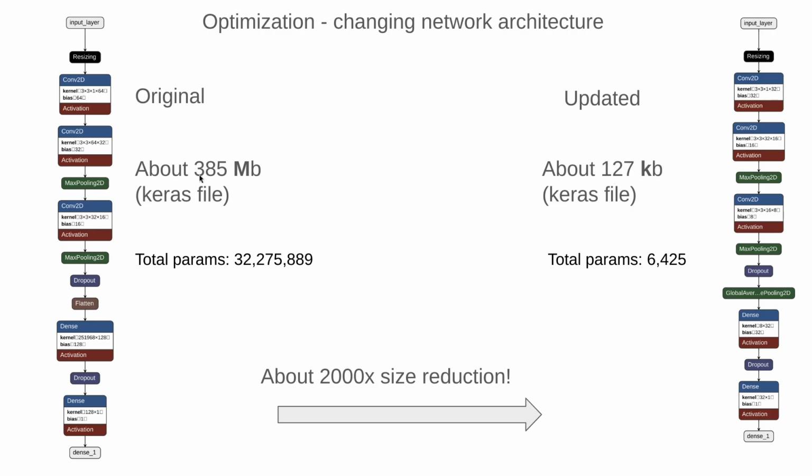We had almost 400 megabytes, and we got 127 kilobytes. Dramatic decrease, and obviously this smaller network will work much faster and require less memory. So we can reduce the network size, the number of parameters, and the spectrogram that our network will analyze.